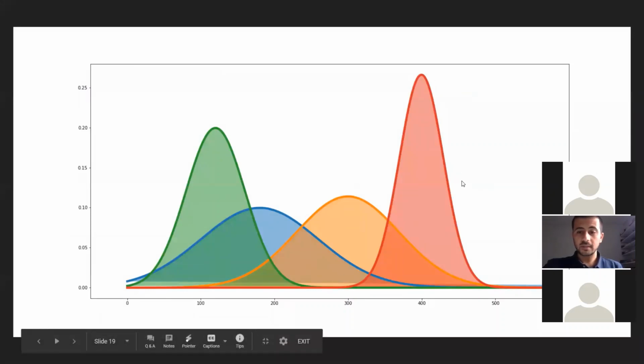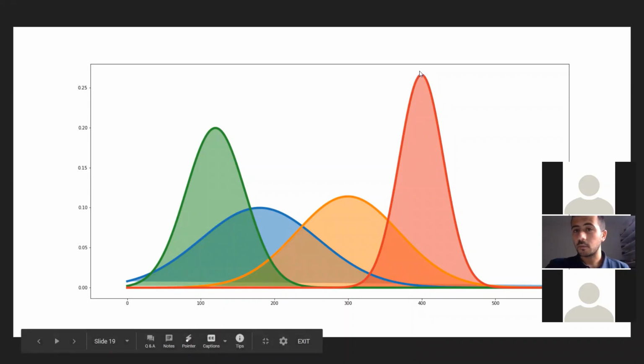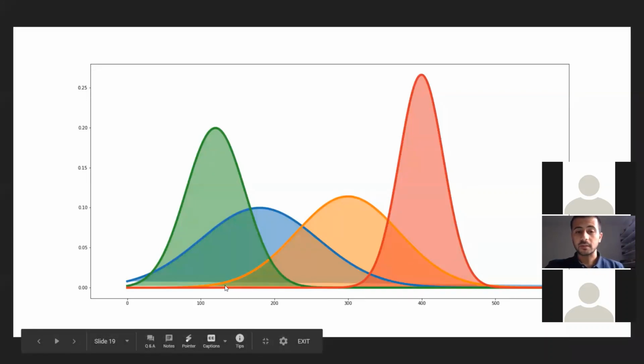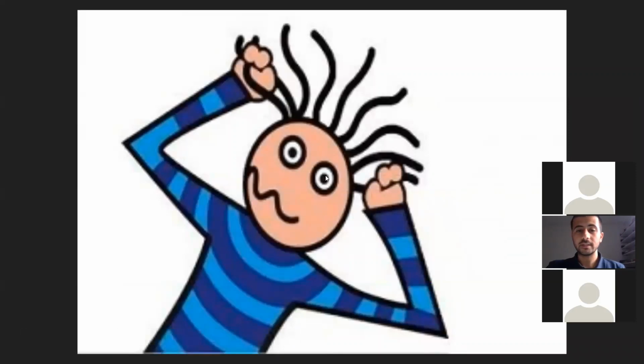Those are representatives of different distributions. I can have that pointed high distribution and those flat ones and this wide one, and they are all fine. But this causes confusion, right?